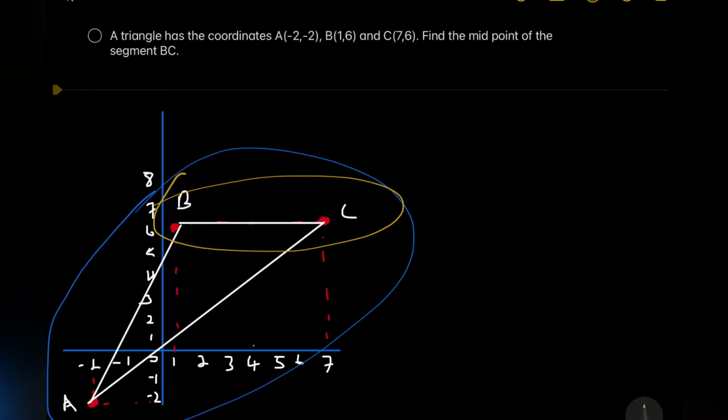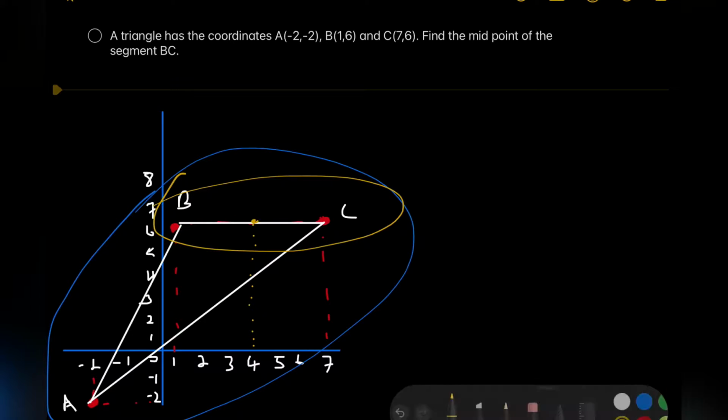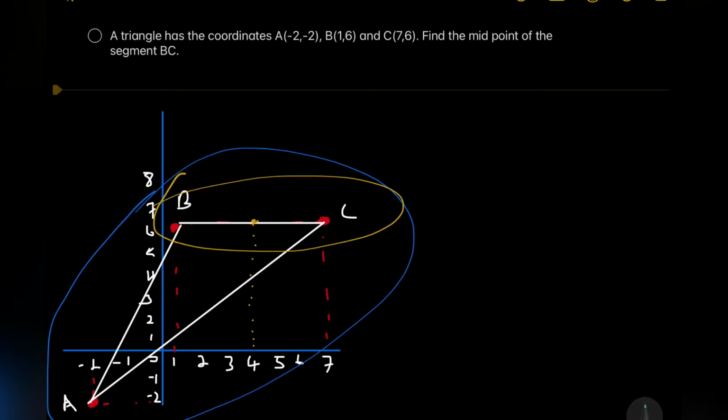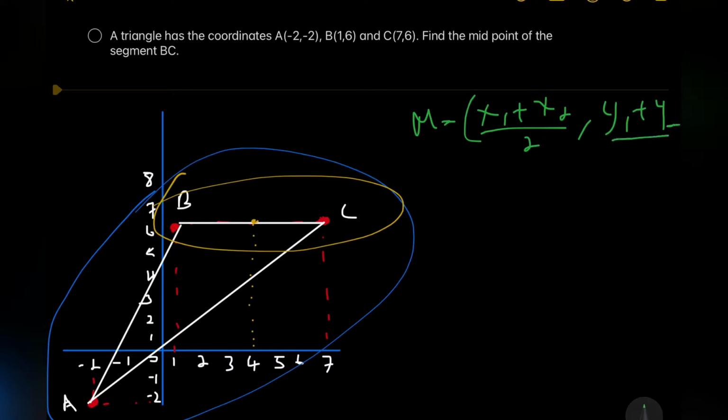So our midpoint should lie somewhere at 4, 6. So let's test to see if that's the case. Well, we actually know it's the case, but let's prove that. So M, as we know, is x1 plus x2 over 2 and y1 plus y2 over 2.